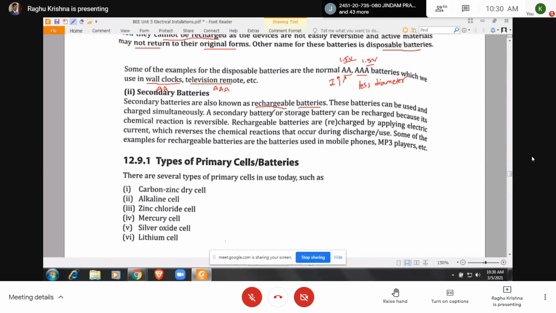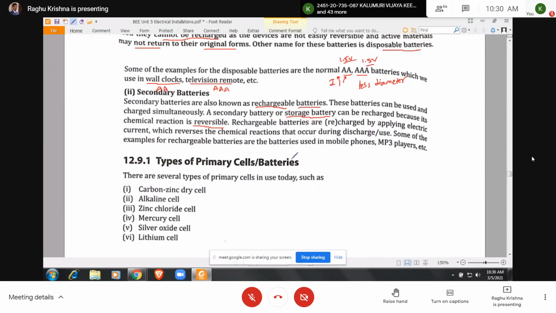Secondary battery is also called a storage battery. It can be charged because its chemical reaction is reversible. Rechargeable batteries are charged by applying electric current, which reverses the chemical reactions that occur during discharge or use.